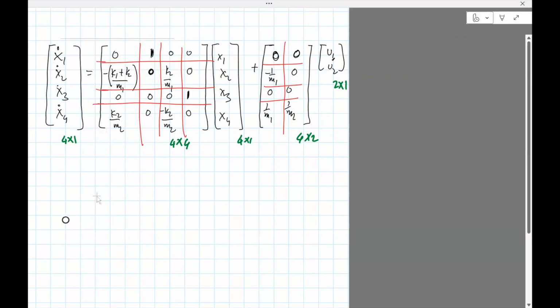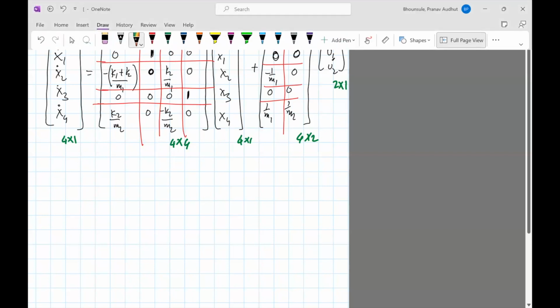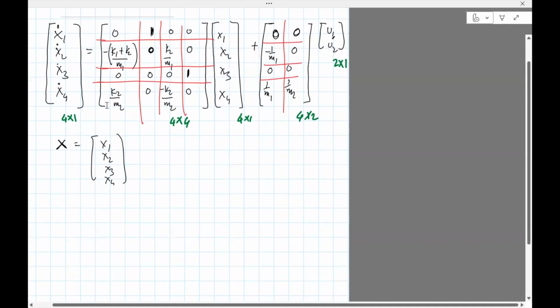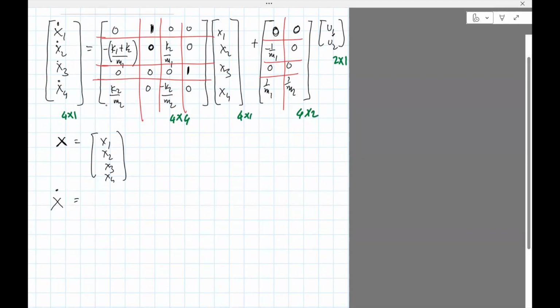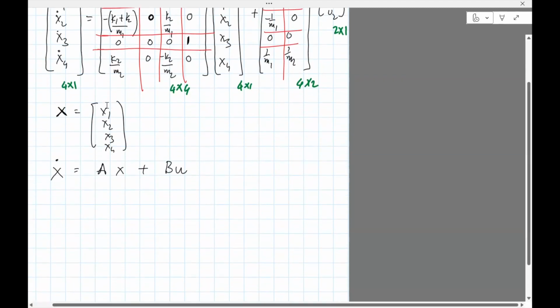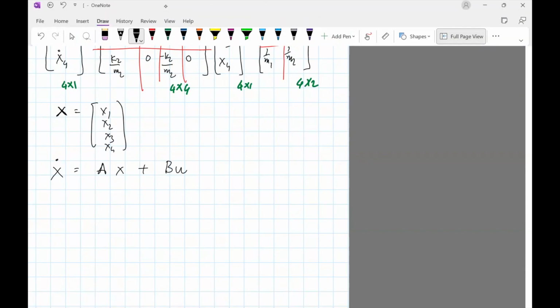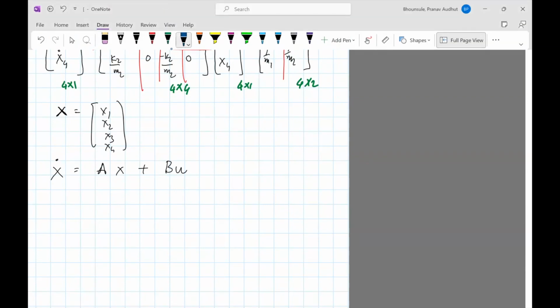Yeah, so what I'll do now is I'll just package all the x's in a variable called x. So this will hold x1, x2, x3, x4. If you put it that way, then you have x dot equals Ax plus Bu, where it's clear that A is this matrix.